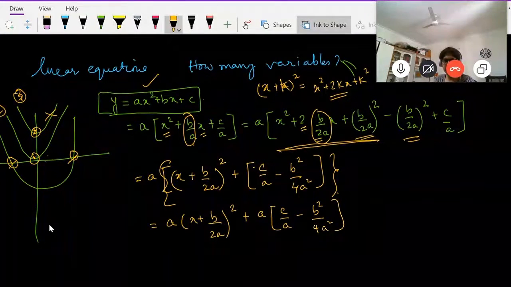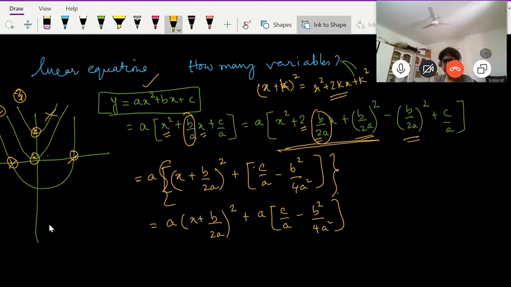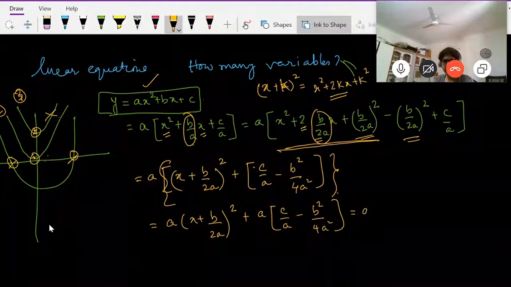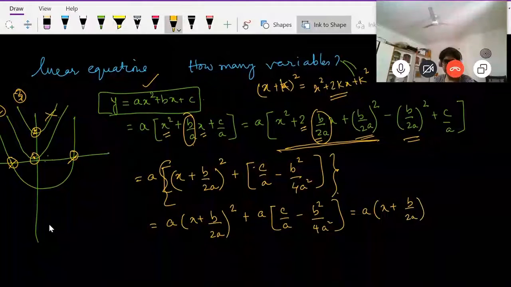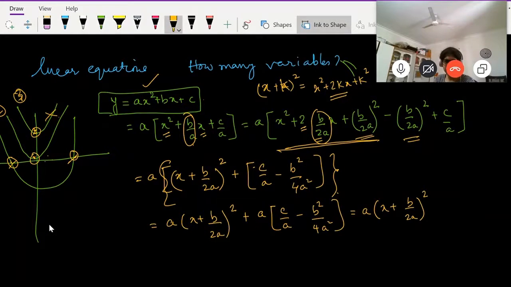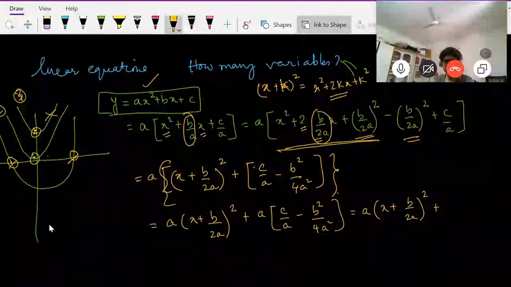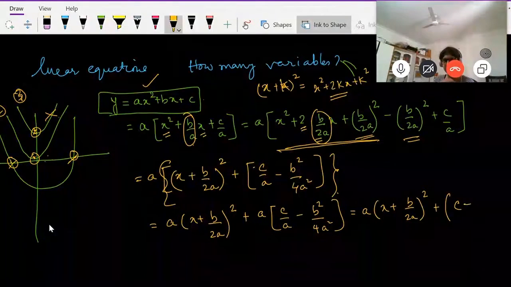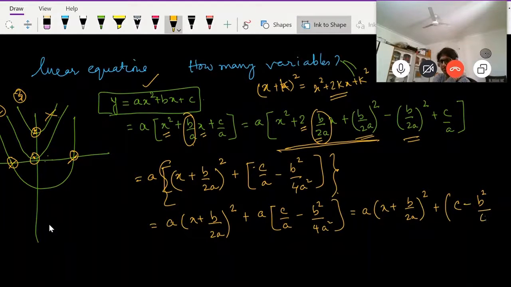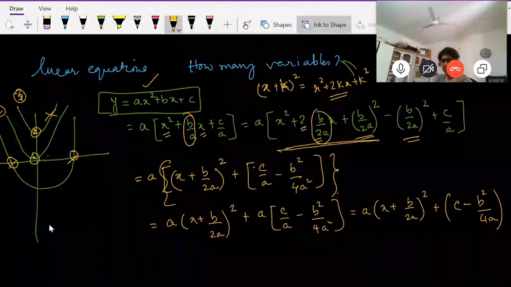So I can take one a out in the denominator. So this becomes a into x plus b by 2a whole square plus a by a will cancel out, so c minus b square by 4a, right?